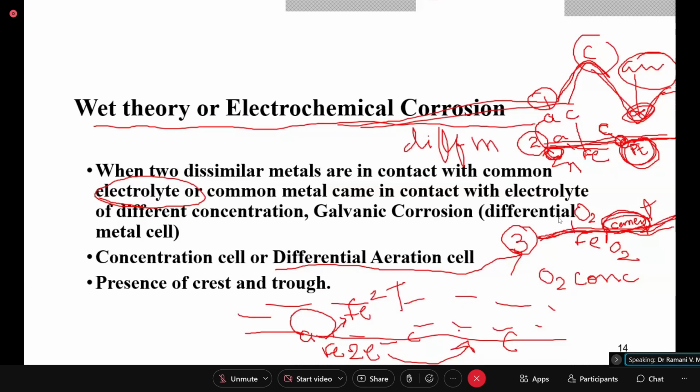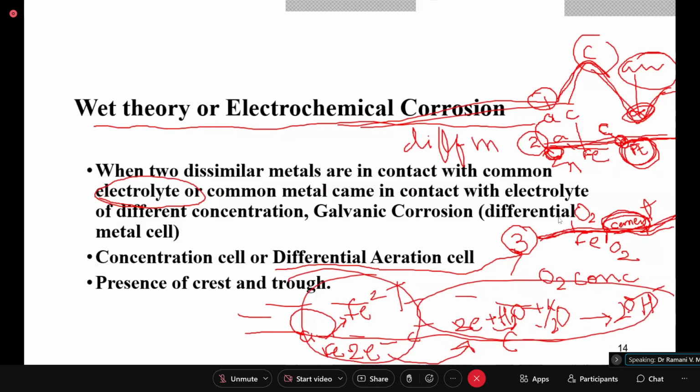So at this place, these two electrons plus H2O, as the electrolyte will contain H2O, plus half O2, this is a very general reaction, forming twice OH minus. So this is the anodic reaction and this is the cathodic reaction.